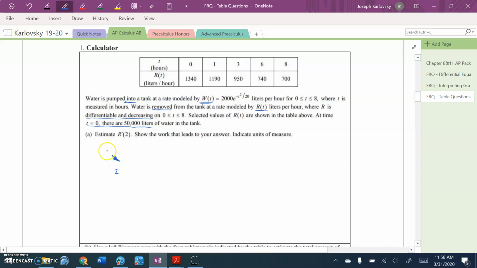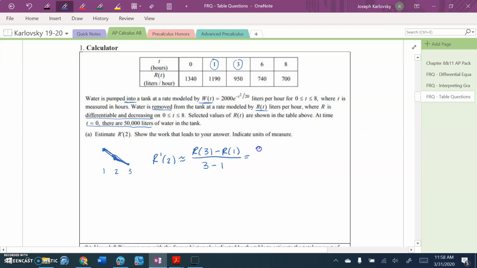All I can do is say, I have the actual function value at 1 and the actual function value at 3. Why don't we just find the slope from 1 to 3, and that would approximate R prime of 2. We would approximate this using the values at 1 and 3: R of 3 minus R of 1 all over 3 minus 1.